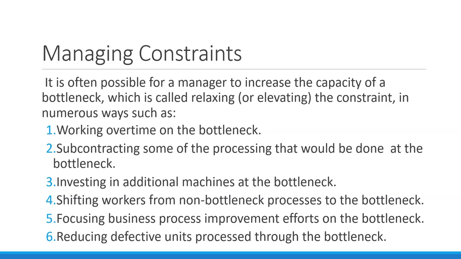So we could go back and look at product 1 and 2 and how they use machine A1, and we could ask our design engineers to look at ways to improve the product, one or both of the products, so that it doesn't need the resources from machine A1. So how could we redesign product 1 so it doesn't use this machine anymore? That's another way to alleviate a constraint.